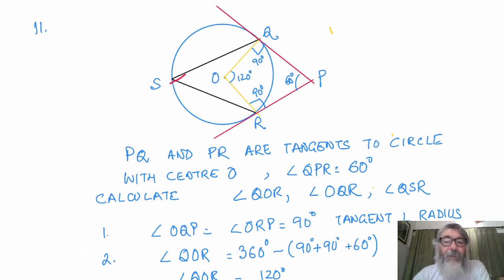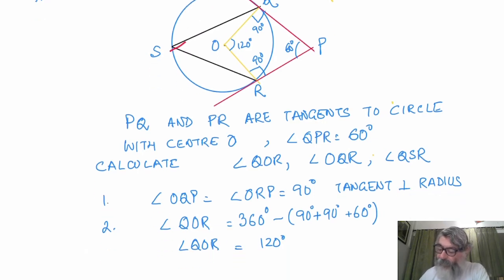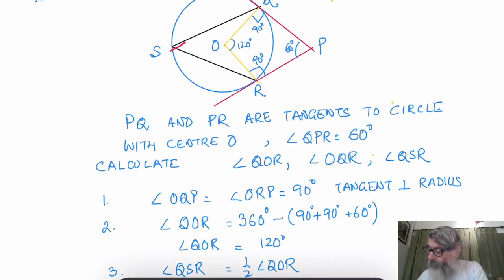Now next I can calculate the last angle, QSR. QSR will be half of angle QOR. Angle subtended by an arc at the center. Which is the arc which we are using here? Is this, which I am showing in yellow.